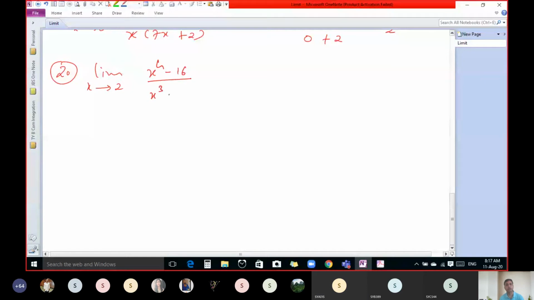Now put x equal to 2 here. So we get 2 raised to 4, 16 minus 16. And here 2 cube, 8 minus 8. So we get 0 by 0 here.